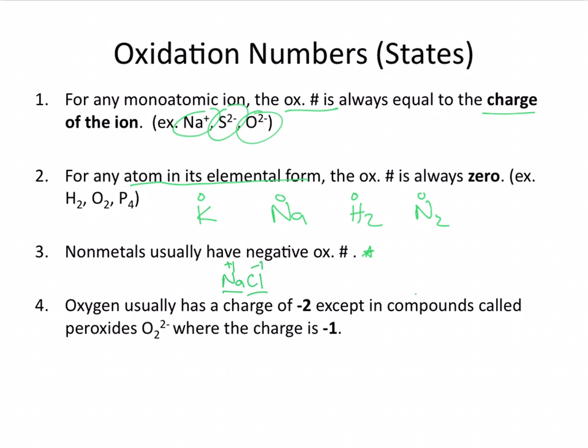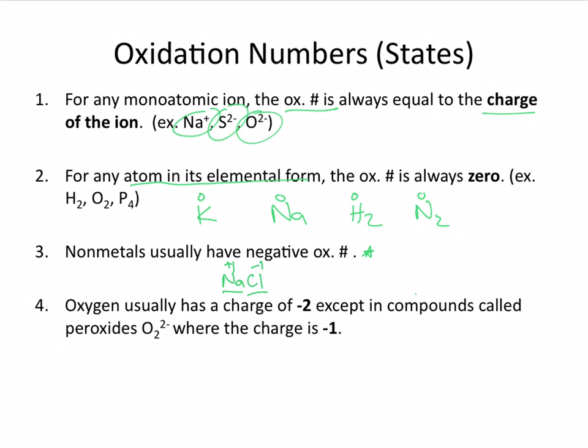Typically the nonmetals pick up those electrons because they want to be like their nearest noble gas, which usually requires the acceptance of electrons. And so remember that the oxidation numbers are a model of what actually happens. It's imaginary, but in our understanding of chemistry, typically the nonmetals want to take electrons to be like those noble gases.